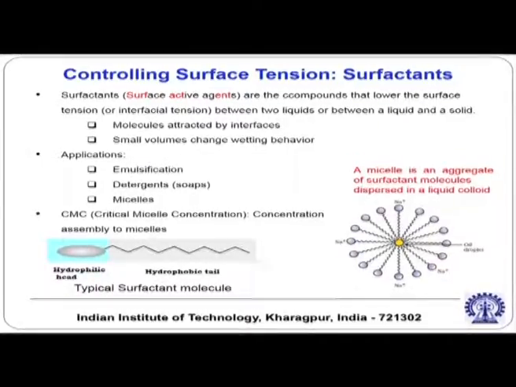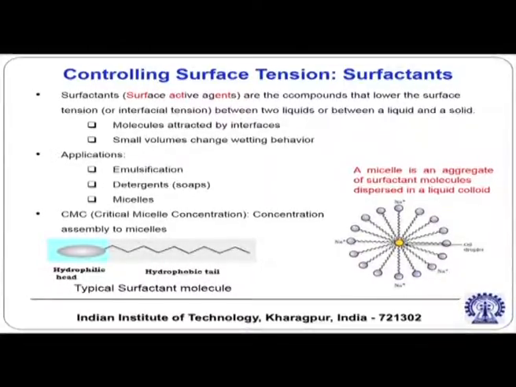Molecules are attracted by interfaces, so you can create an assembly of molecules adhering to the interfaces, and there are several applications of surfactants like in emulsification, in detergents like soaps, in micelles and so on.